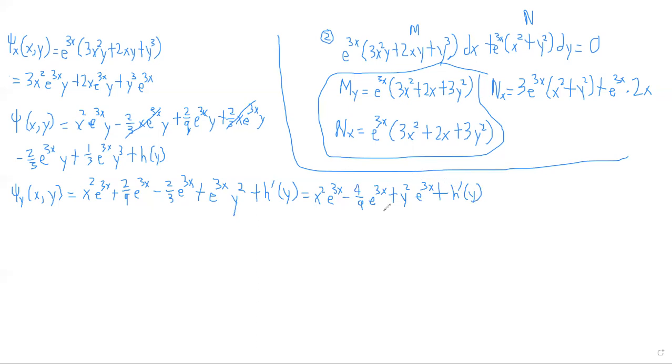All right. Now, from comparing this with this, it's clear that h prime of y is equal to 4/9 e to the 3x, because this and this have to be equal.